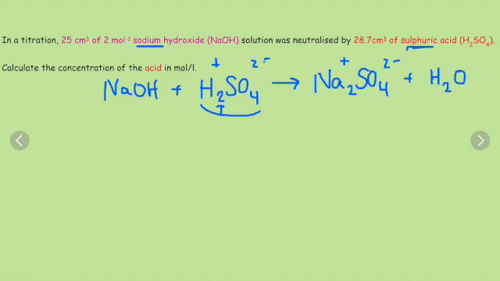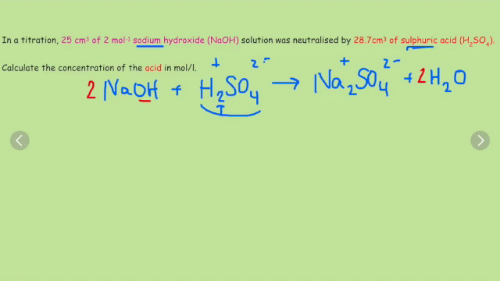So we're going to balance this equation. We have 2 sodiums on the right, so we're going to need 2 sodiums on the left. Now we've also changed the oxygens and the hydrogens there. So now we have 2 oxygens, so we're going to need 2 oxygens there.